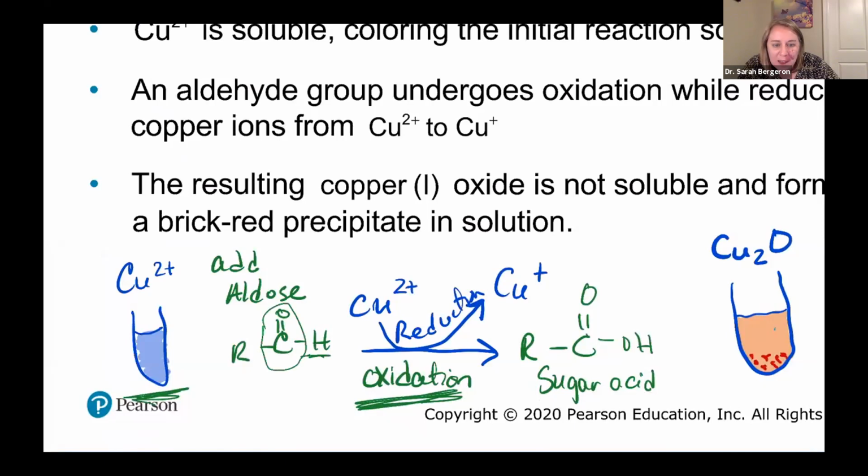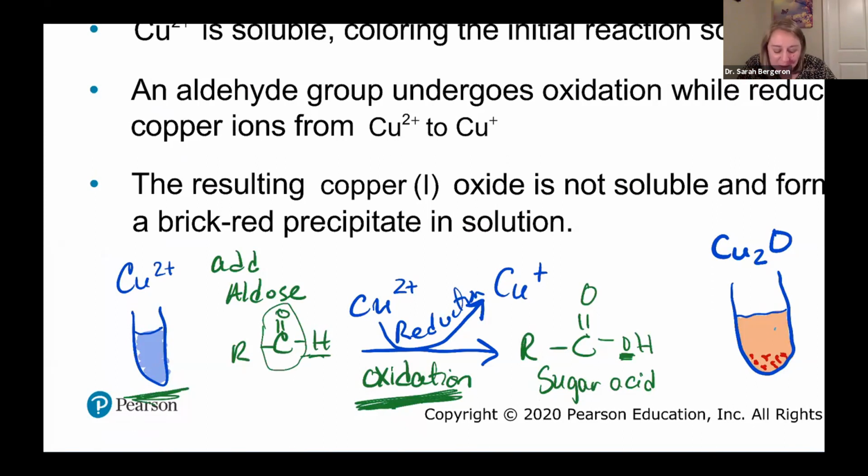But in this case, I'm going to add an oxygen. So here's my new oxygen, right? So what did I make? I made a sugar acid through oxidation. But what did we say about all oxidation, reduction, oxidation reactions? That if you have something that's undergoing oxidation, something else has to undergo reduction.